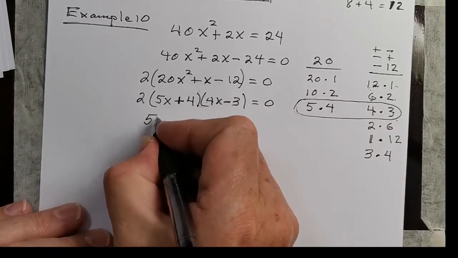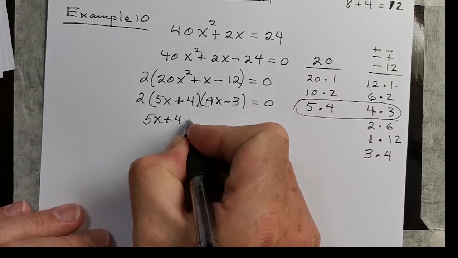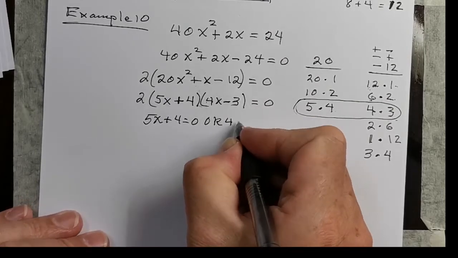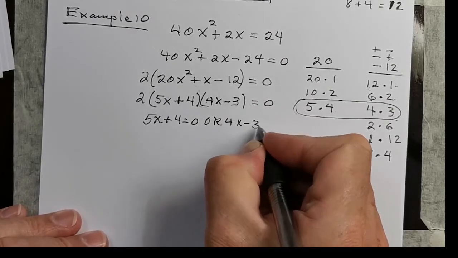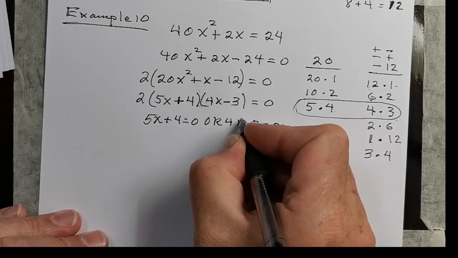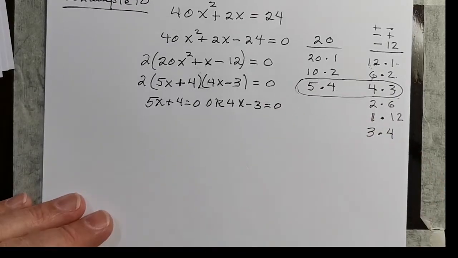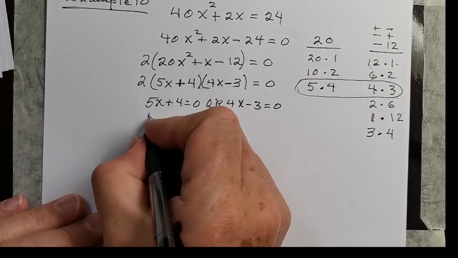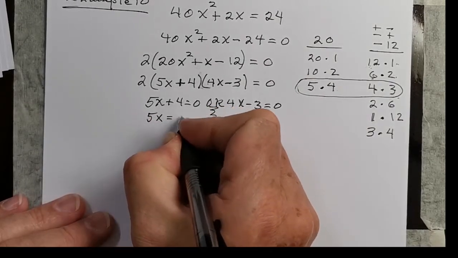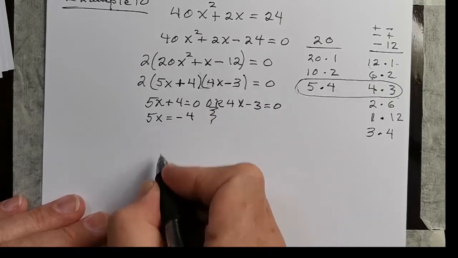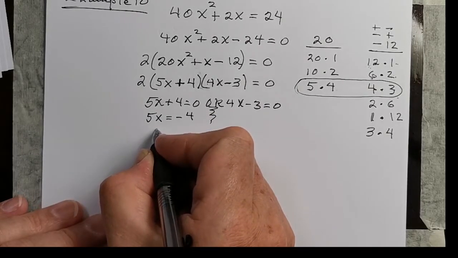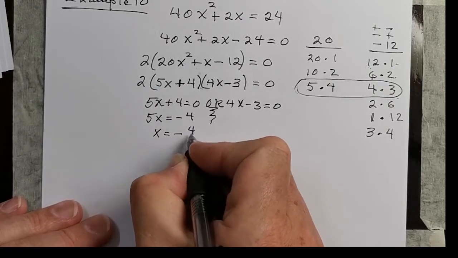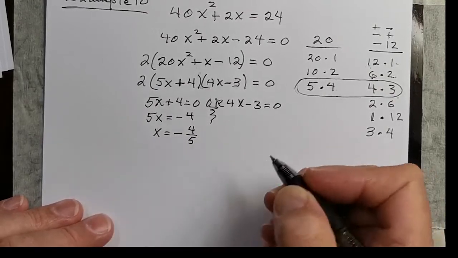So we have 5x plus 4 equals 0, or 4x minus 3 equals 0. In the first case, if this one is 0, 5x equals negative 4. And if you divide both sides by 5, you get x is equal to negative 4/5.